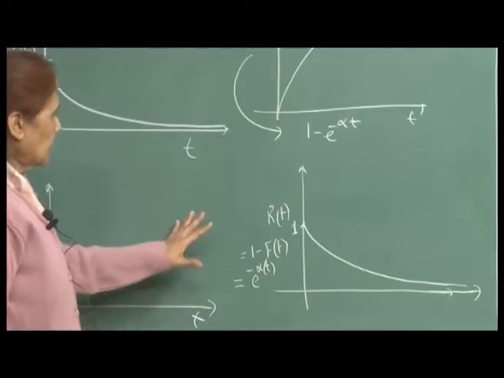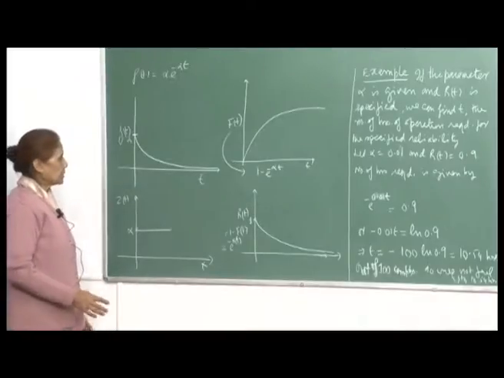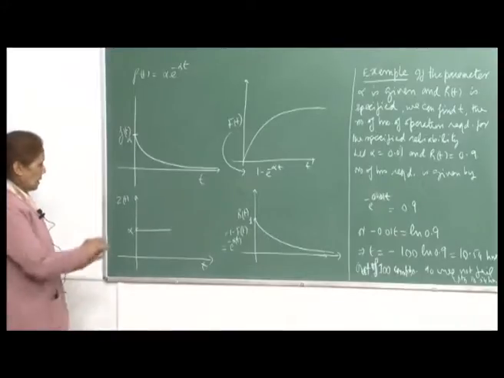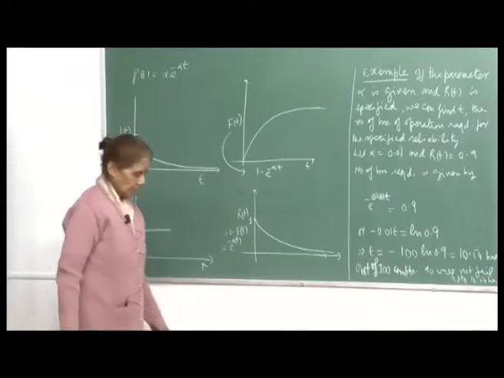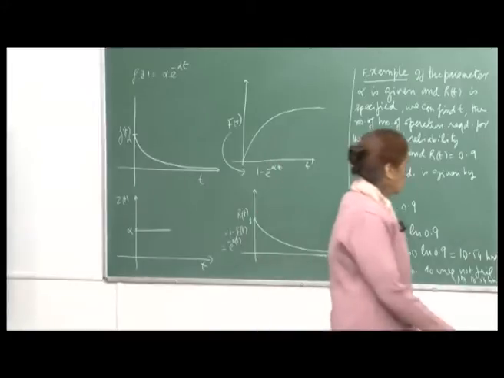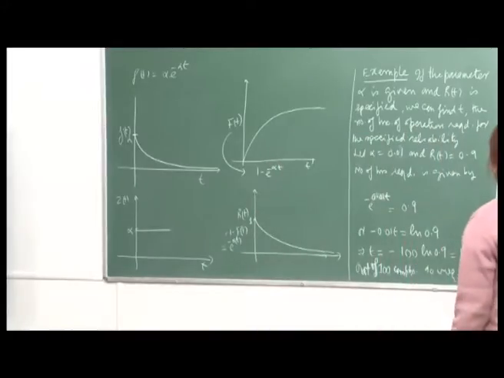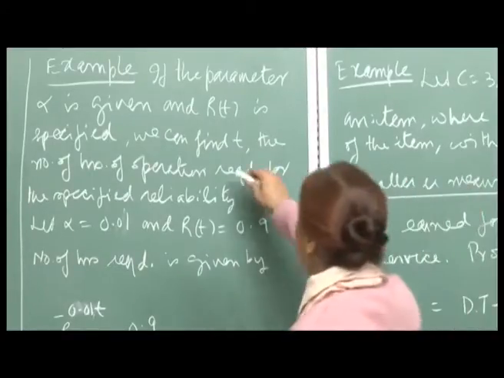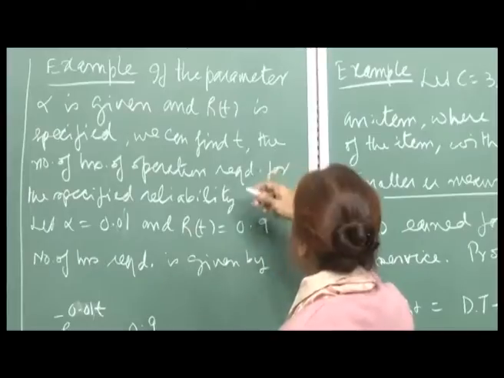So these are the 4 functions that you relate with the exponential law, and you have a picture of all 4 of them. Now, let us look at this example. If the parameter alpha is given and reliability R(t) is specified, we can find t.